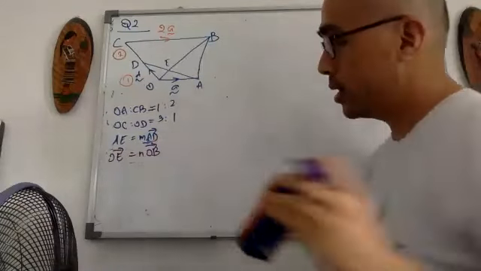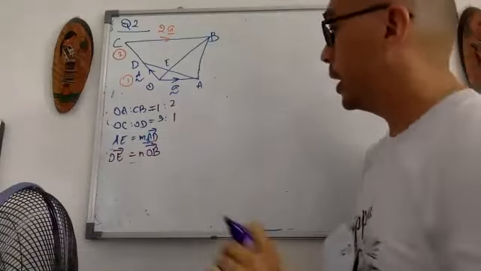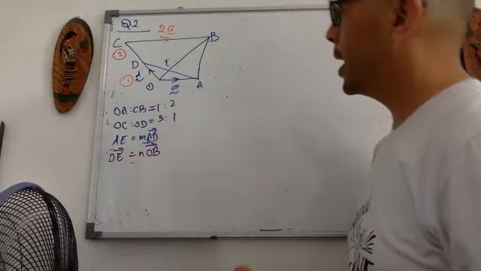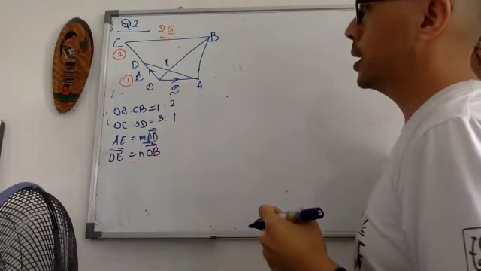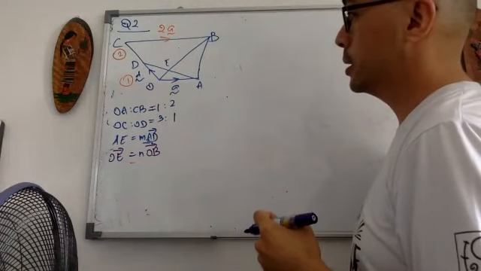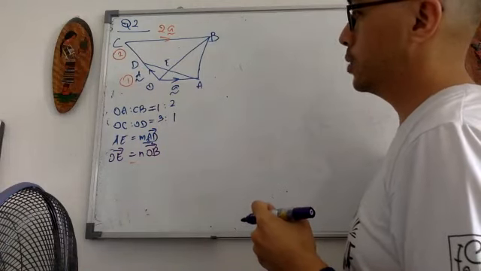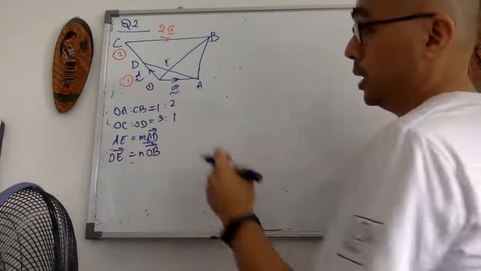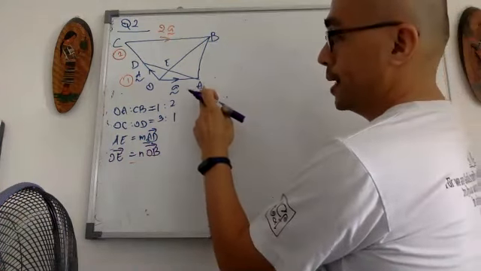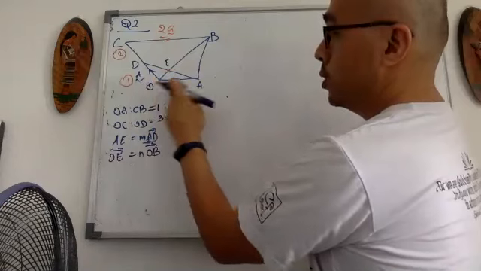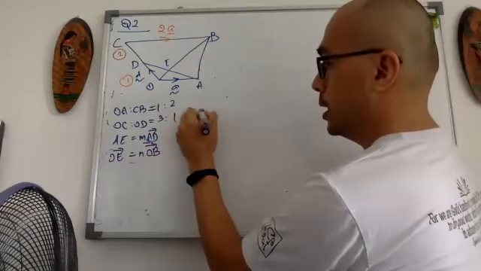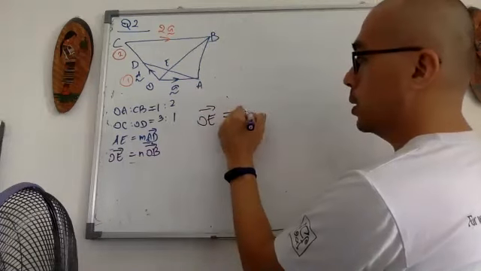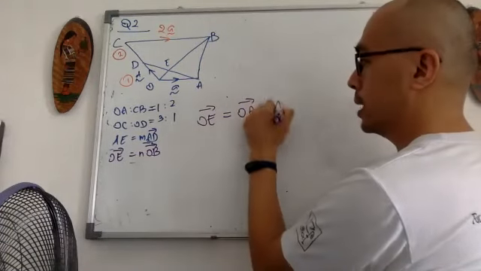OE equals N OB. And yet you want to prove OE only. Okay, this point over here, A to E. OE will be OA plus AE. Let's try that first. OE is OA plus AE.